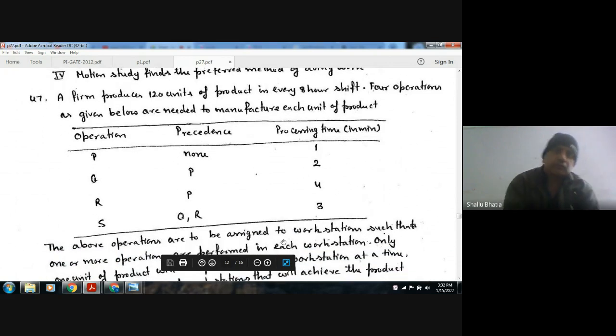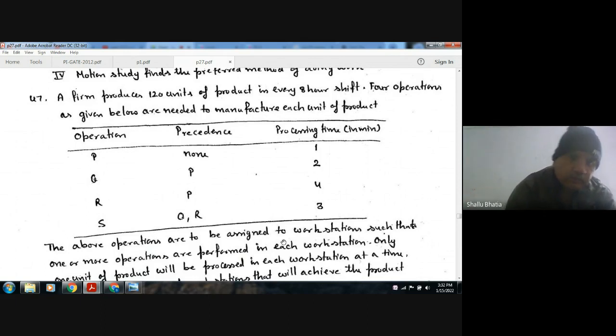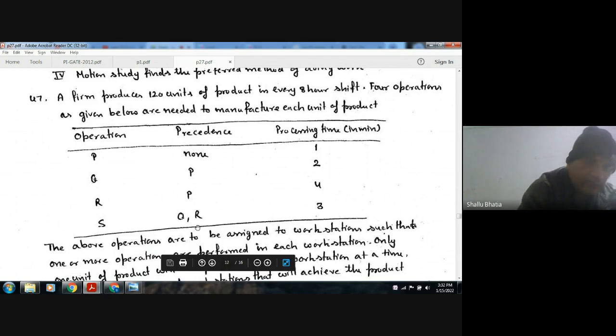if a firm produces 120 units of product in every 8 hour shift, four operations as given below are needed to manufacture each unit of product. Operations are P, Q, R, S, precedence none, P, P, Q and R, and processing time 1, 2, 4, 3.